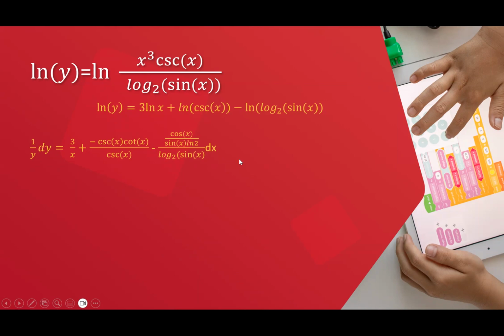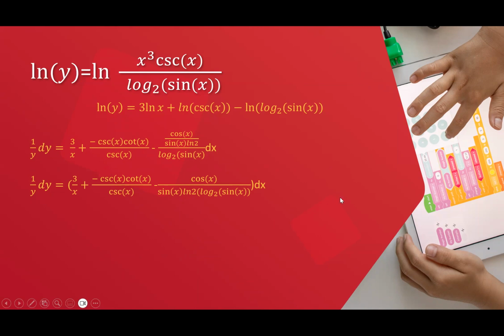Now, cleaning this up, all we do is take this sine x natural log of 2 and drop it down to get rid of the complex fraction, which is the same thing as changing the main division bar to a division sign. So just take this line and drop it down: sine x natural log of 2 times log base 2 of sine x. Okay, now we're going to divide both sides by dx, multiply both sides by y.